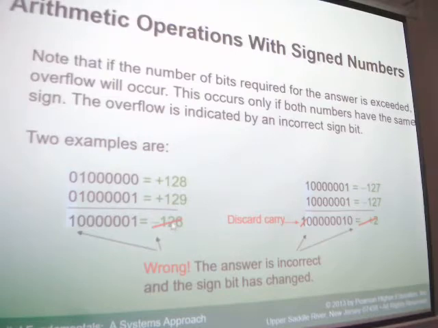The result cannot be represented by 8 bits. If we use 8 bits, the value should be minus 127 to 128.